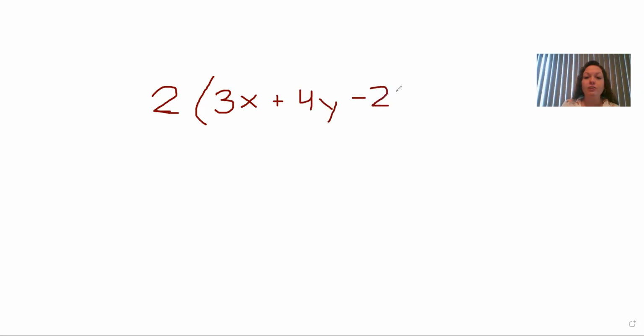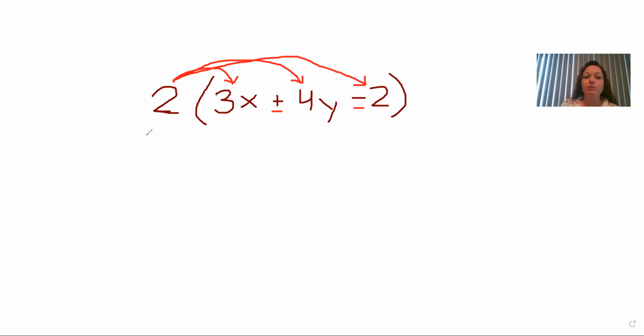So I have to remind you that there are some integer rules that you need to remember when you're multiplying, which you can find in other YouTube videos on my channel as well. So the 2 is going to multiply by every chunk. And now when I teach this, I teach my students that chunks are separated by symbols or signs. They're separated by this addition symbol and this subtraction symbol here.